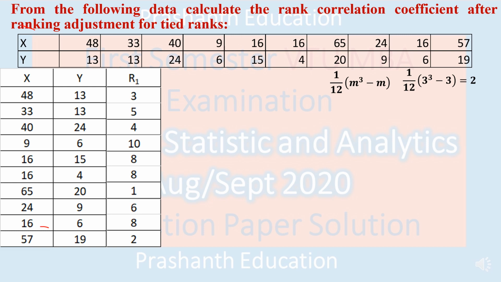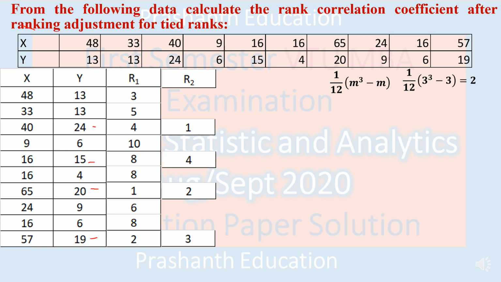For the second one, look for the highest. 24 is the highest, first rank. Next highest is 20, second rank. Next highest is 19, third rank. Next highest is 15, fourth rank. Next 13, and 13 is there twice.